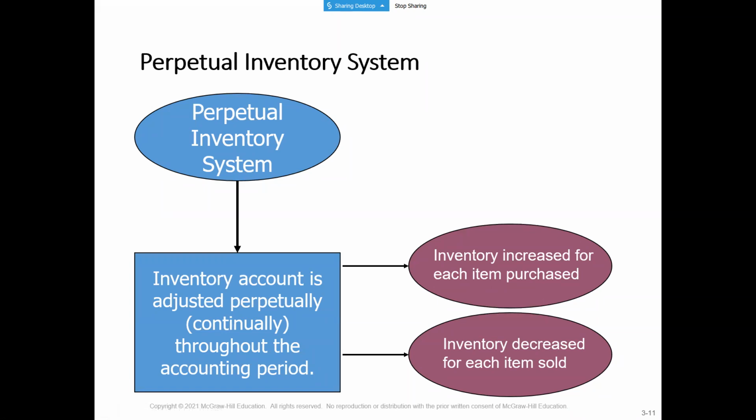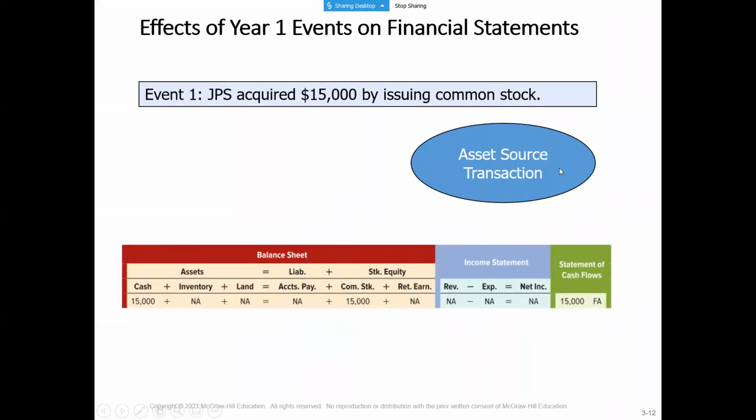That's how the specific product sold is identified, and then the costs are also entered into that system, and that generates our figures for cost of goods sold and for ending inventory. So the inventory balance will be increased for each item purchased and decreased for each item sold. Under the periodic system, however, you go through different accounts and you adjust your inventory at the end of the period.